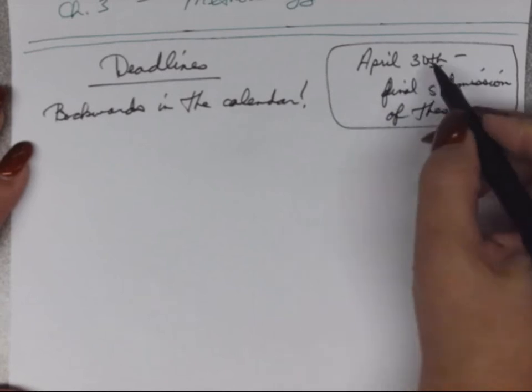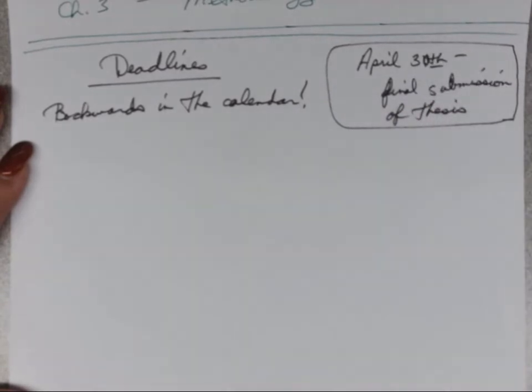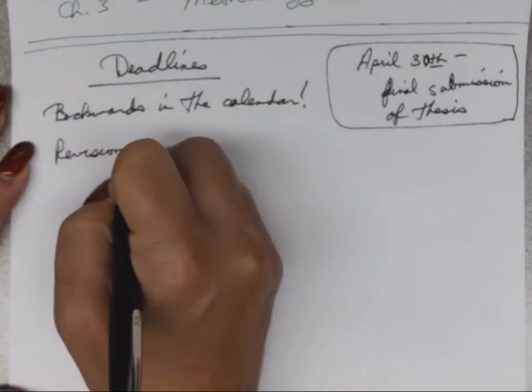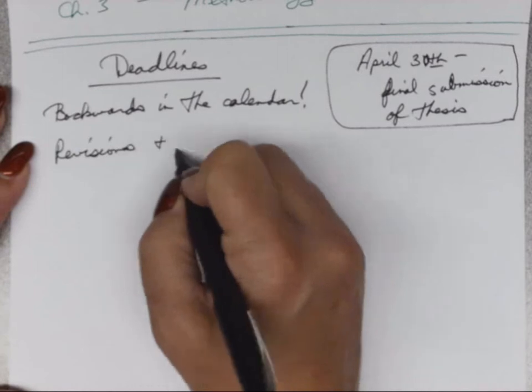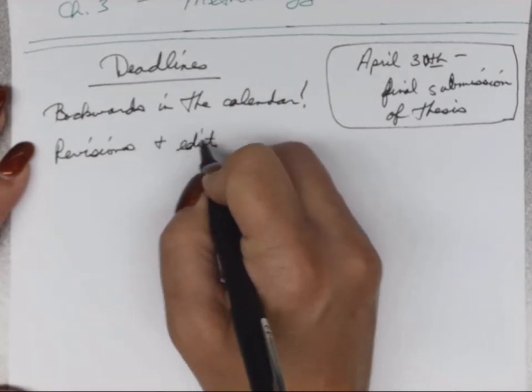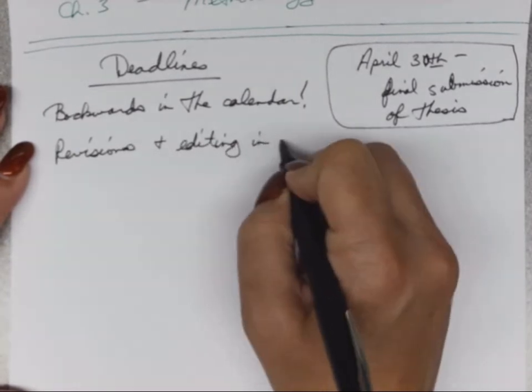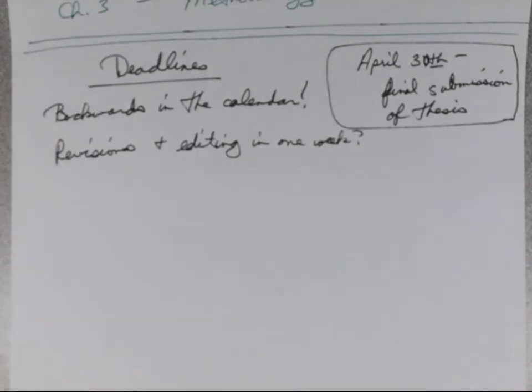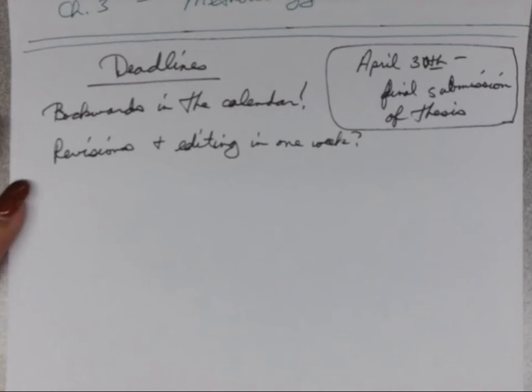Okay, so for instance here, if you think that you can make revisions and finish editing in 1 week, which is possible. I did my entire editing for my dissertation over a July 4th weekend. So it's possible to do all of your editing with the final revisions in 1 week.